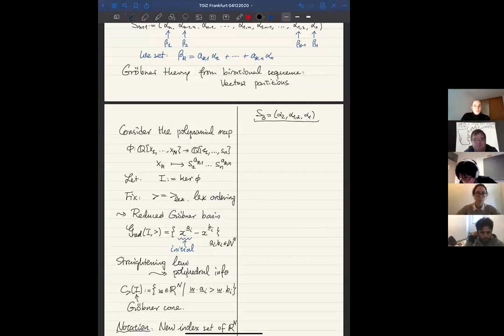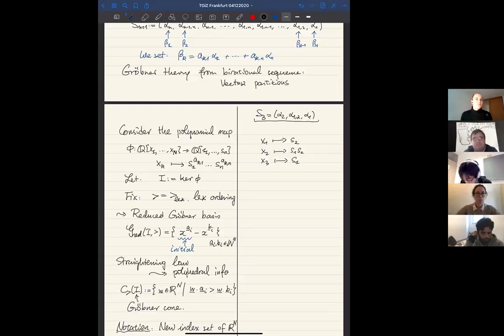In this case, x1 goes to s2, x2 goes to s1 s2, and x3 goes to s1. I write alpha 1,2 like alpha 1 plus alpha 2, I look at them as a vector and I consider vector partition. And then from this polynomial map, the vector partition is to understand what is the kernel of the polynomial map. I call it I. This I is a binomial ideal. So this is purely a toric problem, as you know.